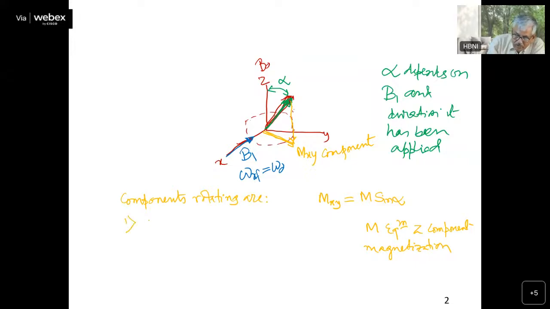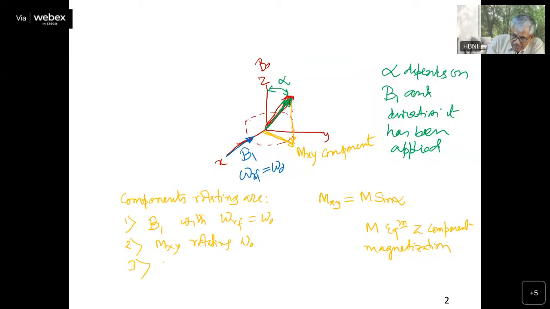You have the B1 rotating with omega 0. Second, your XY component is also rotating with omega 0.